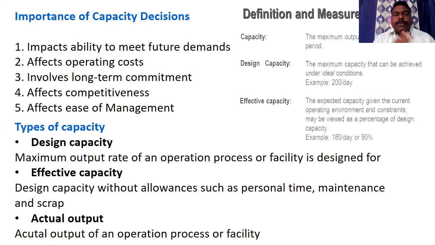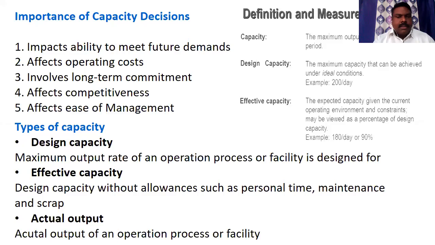It affects competitiveness. Any capacity decision we take is going to affect our competitiveness. To restore our competition, and if you want to be a market leader, compulsorily we have to take some capacity decisions. It affects ease of management.